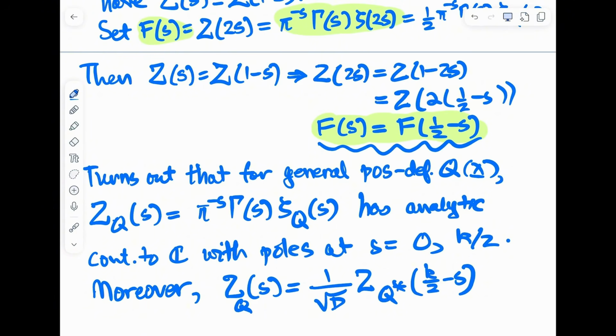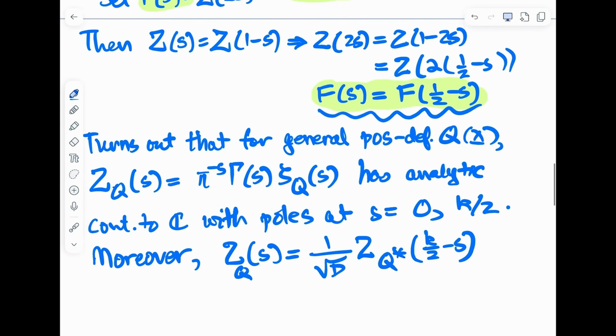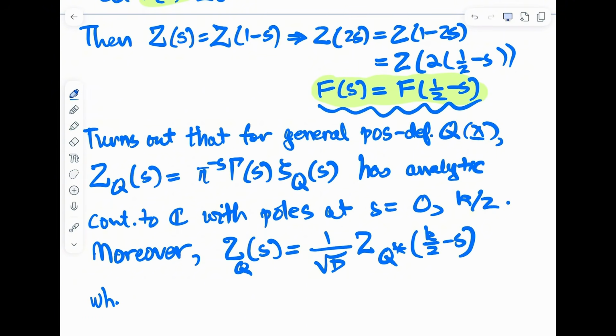So the functional equation is going to link the zeta function at q and the completed zeta function at that associated quadratic form, the one defined using the inverse matrix to the symmetric matrix that defined the first quadratic form. And what the heck is d? Where d is the determinant of that matrix defining the quadratic form. So a certain positive number, right?